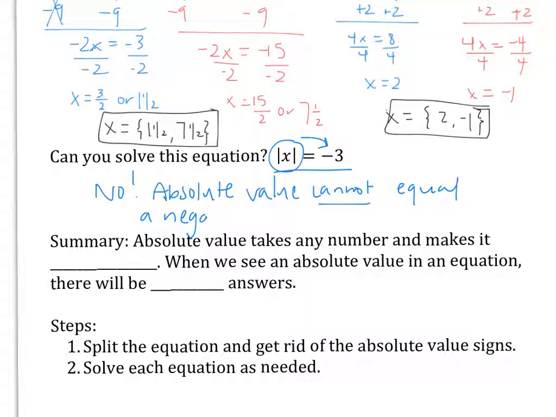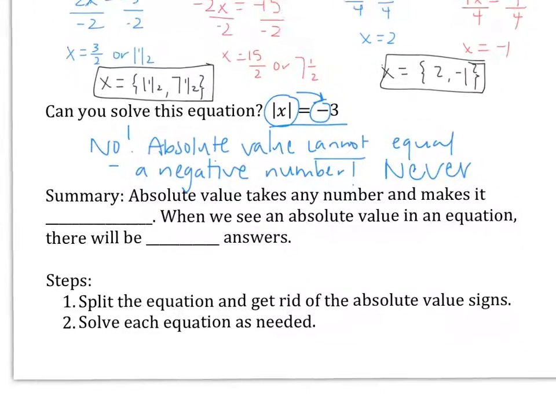So this is never true because the absolute value of anything is always positive. So again, that -3 there, this will never work. There is not a solution to the equation, so no, we can't solve it. That would just be the answer. Can't solve it, no solution.